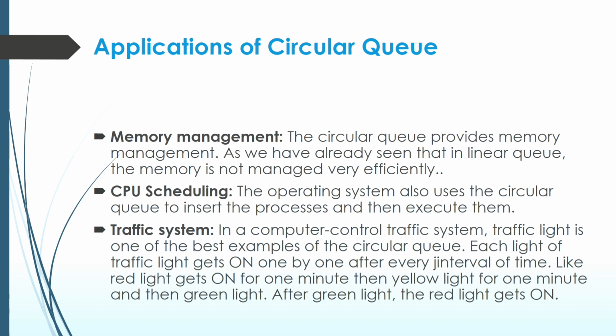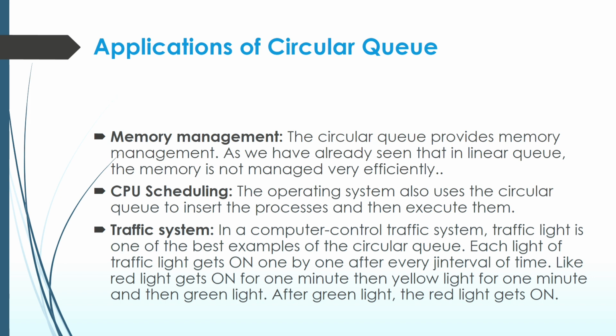If rear is not equal to max minus 1, then the rear will be incremented modulo max size and the new value will be inserted at the rear end of the queue.